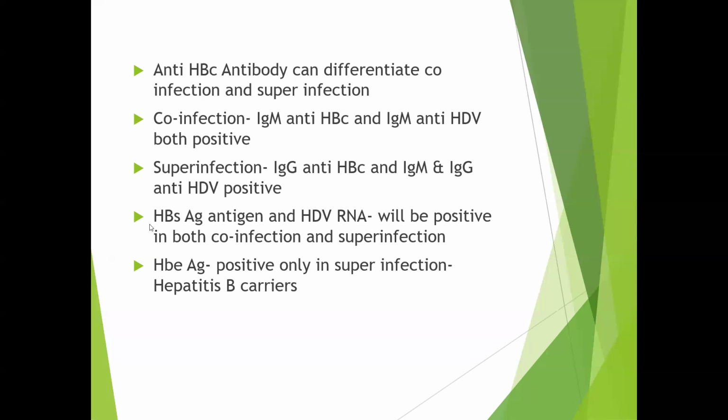And HBsAg antigen and HDV RNA show positive in case of both co-infection and superinfection. And HBe antigen is a hidden antigenic component of the core. It is present in hepatitis B virus. It is positive only in case of superinfection, where we can see it in hepatitis B carriers.